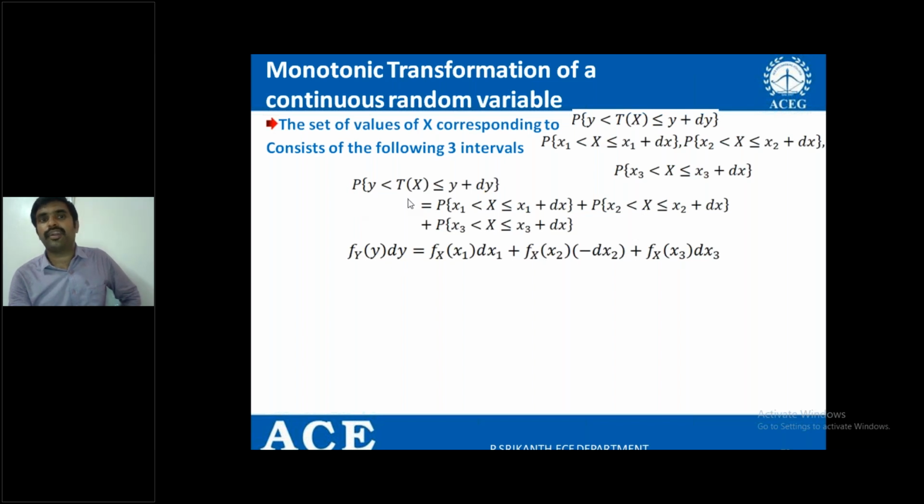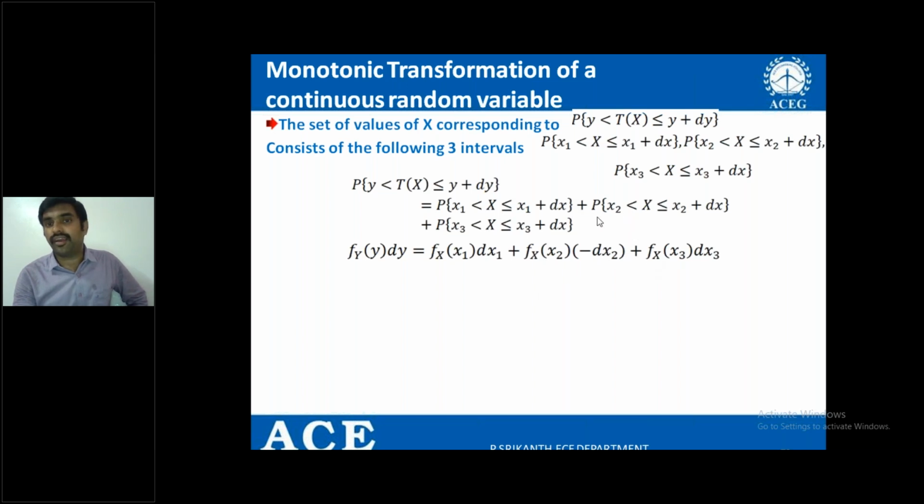Because the probability is equal to the integral from y to y plus dy of fy(y) dy. So in other words, I can say fy(y) dy, because it is a differential term. Similarly here, for the differential term dx1, fx(x1) dx1, because it is a differential term. And fx(x2) dx2 here.